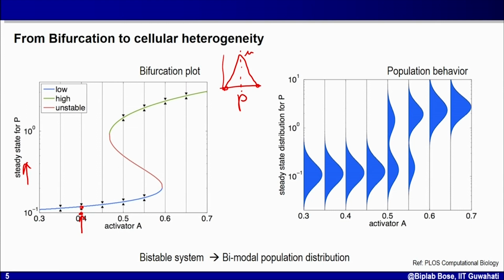Now as I said, in a population of cells, all cells will not have the same amount of protein, but rather I will have a distribution. So I can consider this steady state value shown in the bifurcation plot as the mean value, and the amount of protein in the population will be distributed around this. So I can draw a histogram like this. That's what is drawn here.